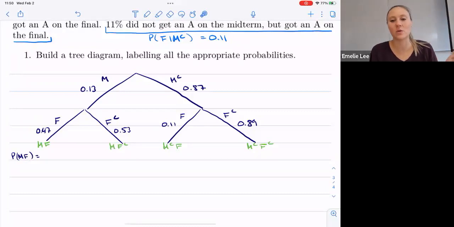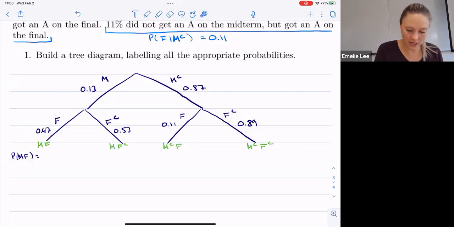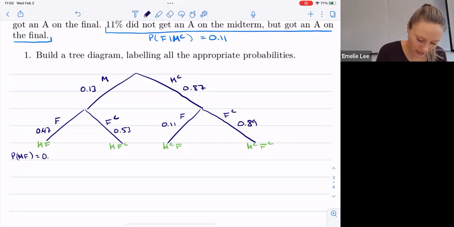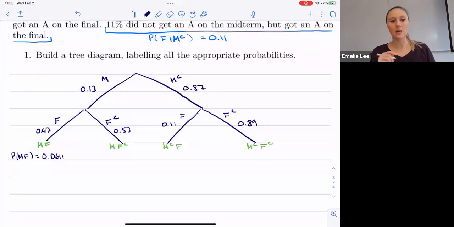And then I just write the total probabilities at the end of each branch. So if I go 0.13 times 0.47, I'm going to try to keep all my decimal places, because it's only 4 decimal places that it gave me. Remember, it has to add to 1, so the more you can keep, the better.